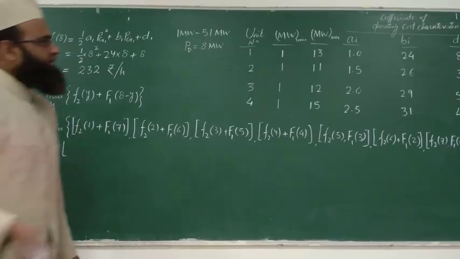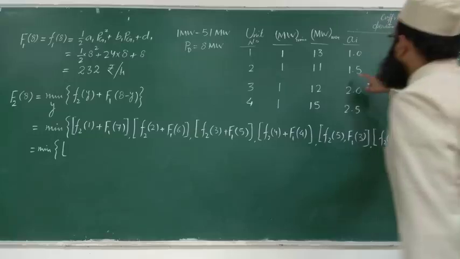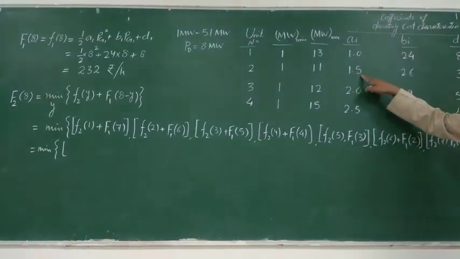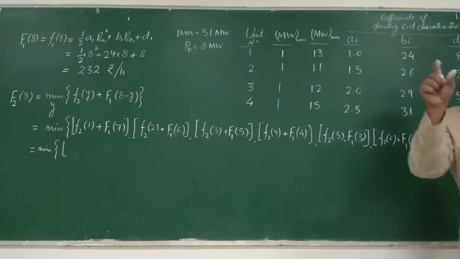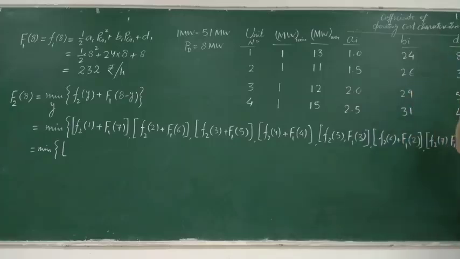F21 is nothing but, see, AI is 1.5, BI is 26, and DI is 3. You have one relation for Fi, that is Ci equal to half AI PGI square plus BI PGI plus DI. So put these values.